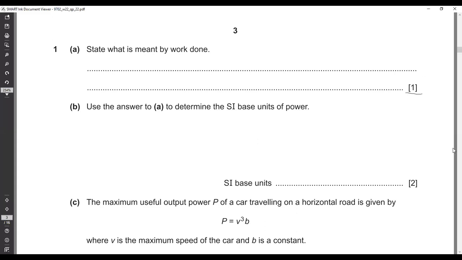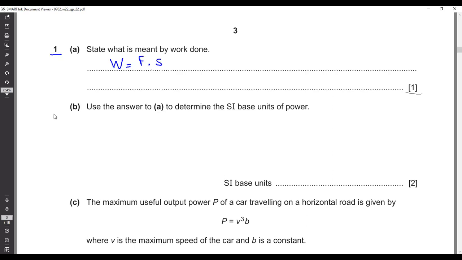So can you answer the first part? Work is the force into displacement. Okay, that's right. But you need to define which displacement.